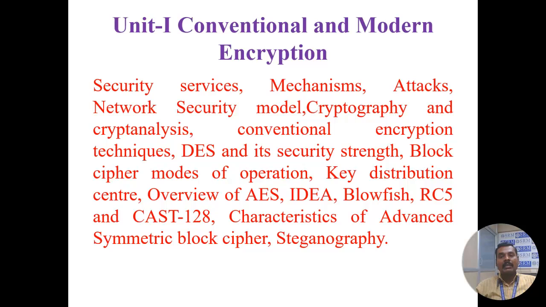So in the unit 1 topic it was given, it is encryption. What does encryption mean? Encryption is nothing but the conversion of your original plain text. Plain text means the original message. Let it be a hi message, hi, how are you? That is your plain text.